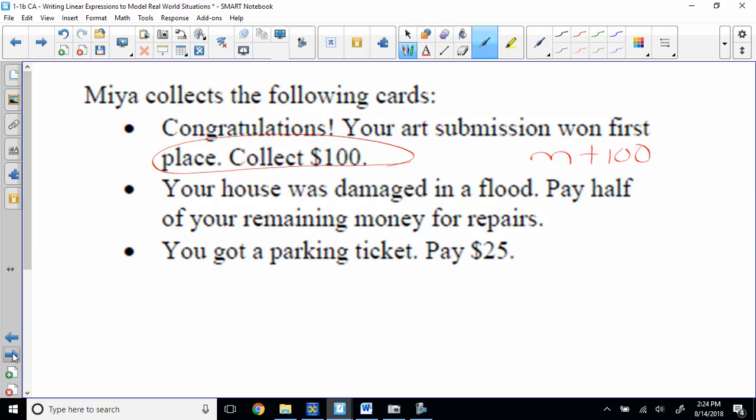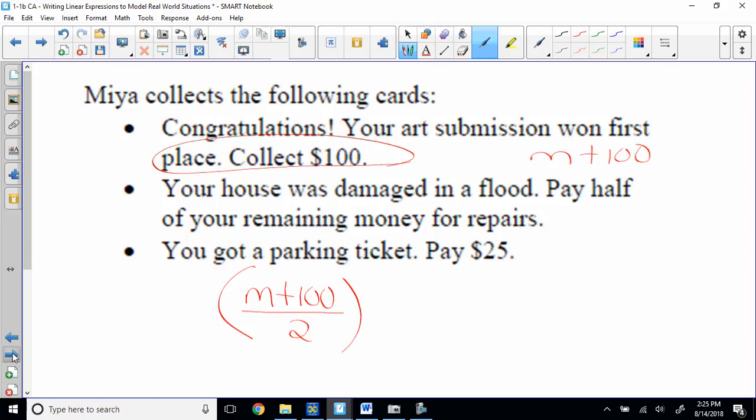Now, we have good times and we have bad times. So Maya fell on some bad times after winning that art contest. Her house was damaged by a flood and she had to pay half her remaining money for repairs. So how do I represent half of her money? M plus 100, divided by 2, right?